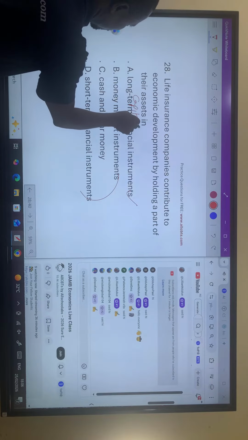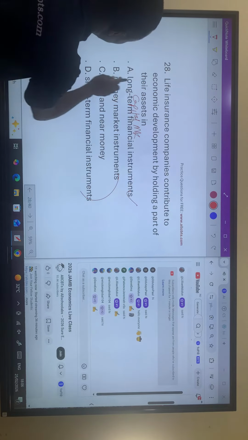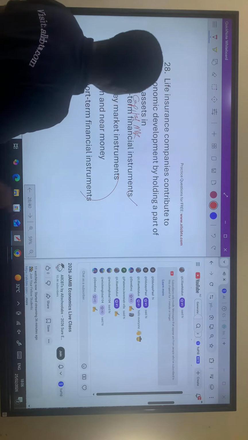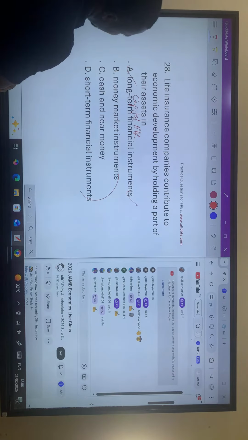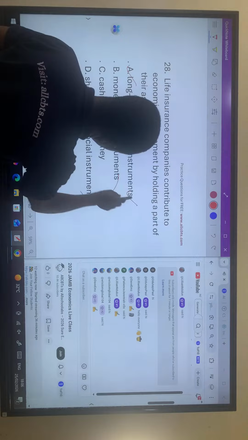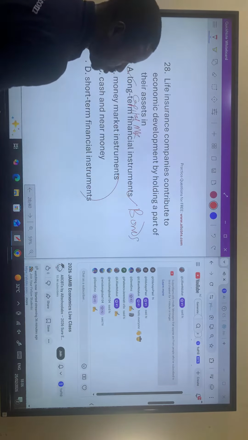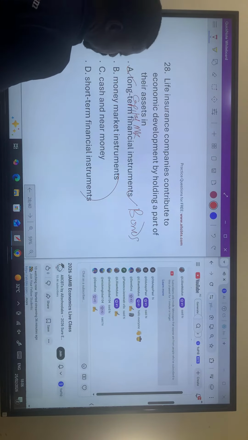And you don't keep life insurance money as cash that can easily be spent. So it's always kept in long-term financial instruments in the capital markets, like bonds, buying government bonds, or some forms of shares, like that, capital markets.